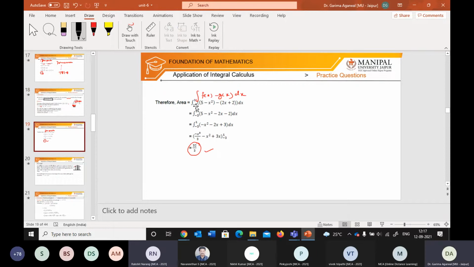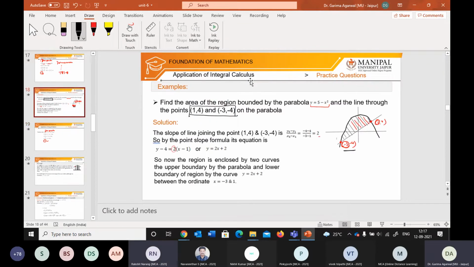Yeah, minus 3 to 1. Yes. We are integrating with respect to which variable? x. That means we need to put here the limit of x, right? Now let's go to our diagram. What is the value of x in this coordinate? Minus 3, minus 4. And what is the value of x in this coordinate? 1.